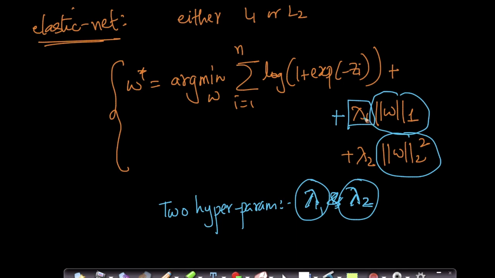One hyperparameter corresponds to the L1 norm, the other to the L2 norm. But this is solvable; it is possible to find lambda 1 and lambda 2. Such a system, where you have both the L1 norm and L2 norm in your optimization problem, is called the elastic net formulation of logistic regression.